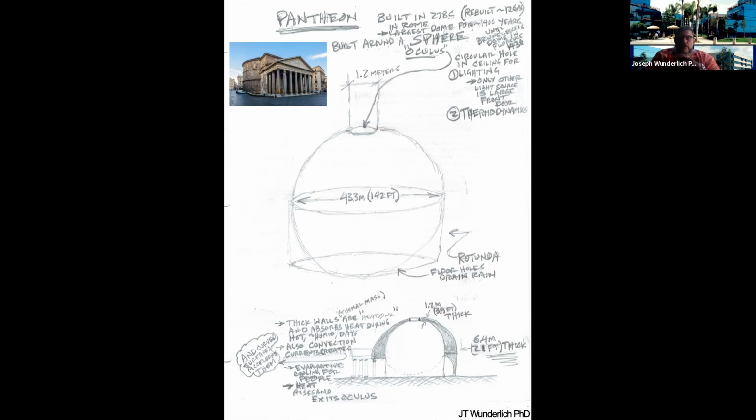So, but anyway, the Pantheon, built 2,000 years ago in Rome, was the largest dome for about 1,400 years until Brunelleschi's dome, which is something I talk about in other courses. Brunelleschi, that's in Florence, Firenze. They built the base of it before they knew a way to make the rest of the dome.